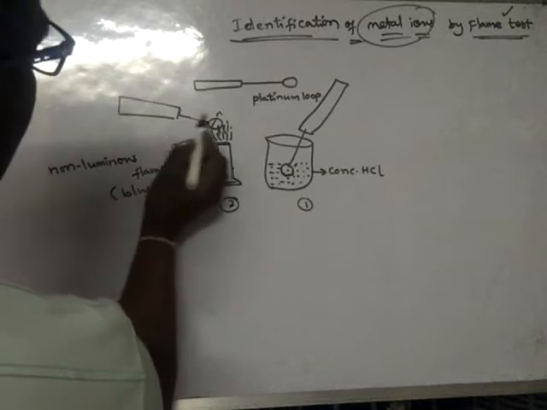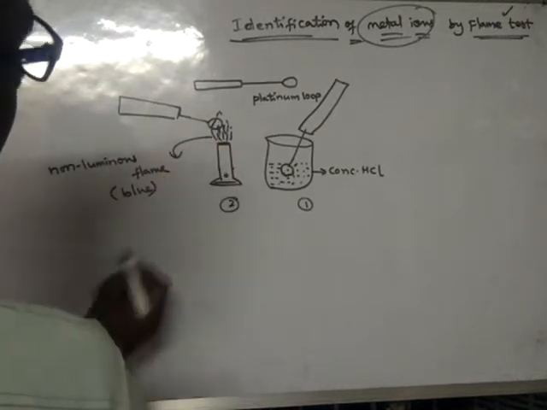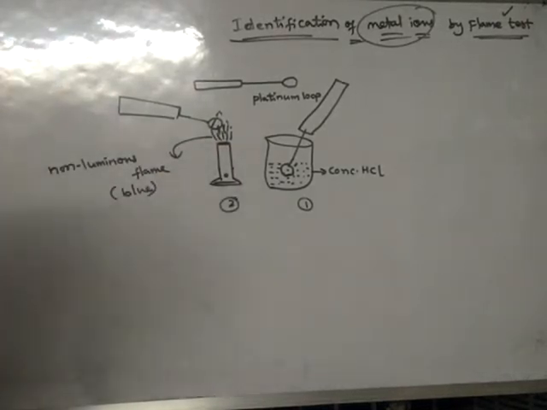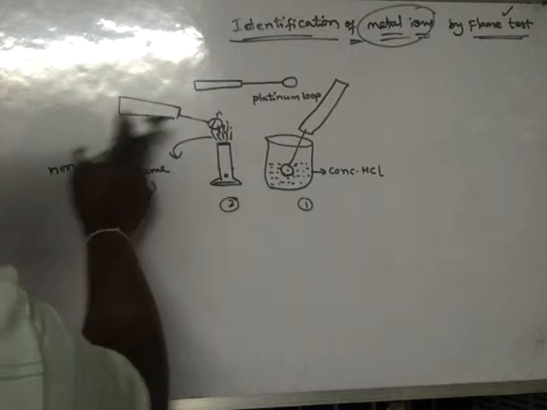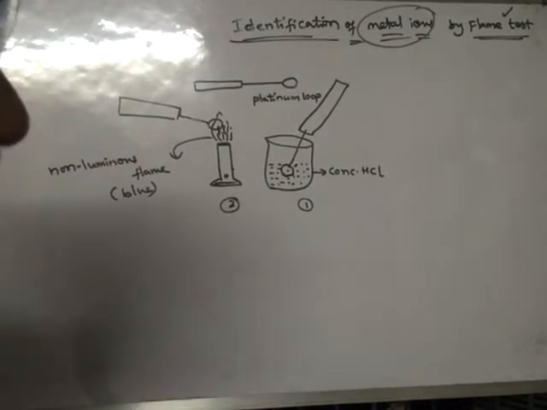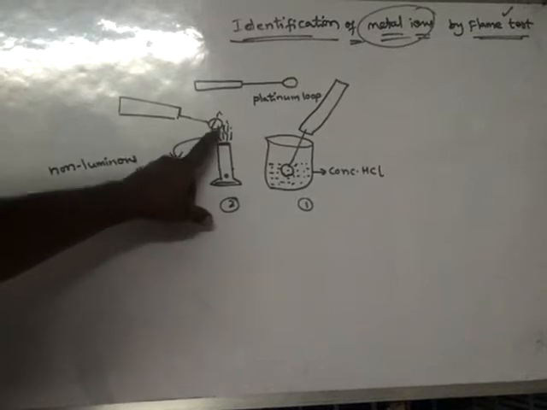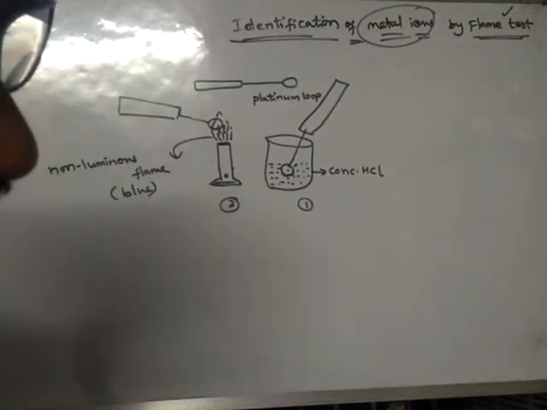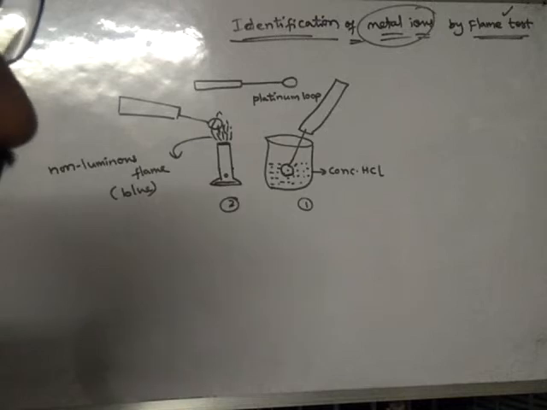See, initially the color of the flame will change. It keeps on changing. We have to keep this platinum loop in the non-luminous flame until the flame becomes colorless, the non-luminous blue color.